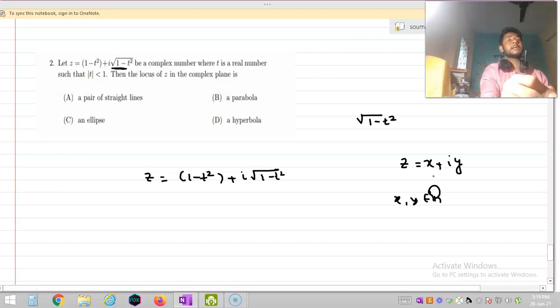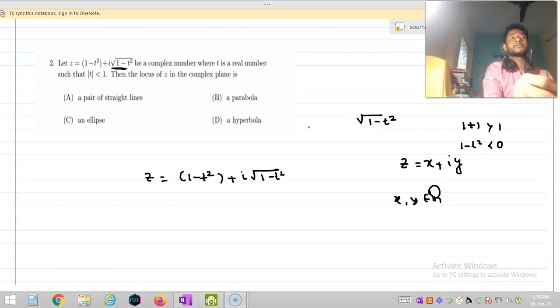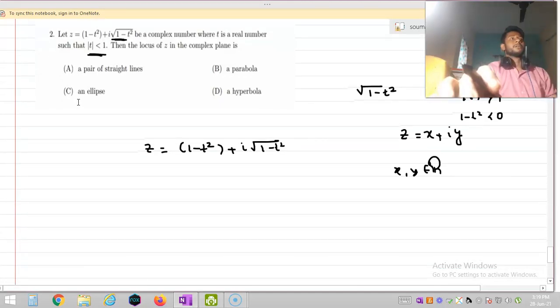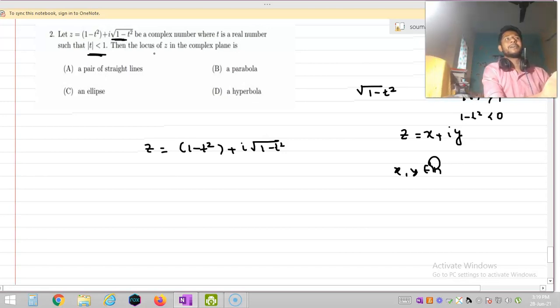You can see that if the value of |t| is greater than 1, then 1 - t² becomes less than 0 and the square root becomes negative, so this is again a complex number. To avoid this problem, it is given that |t| < 1. Although we don't need this condition for finding the locus of z.